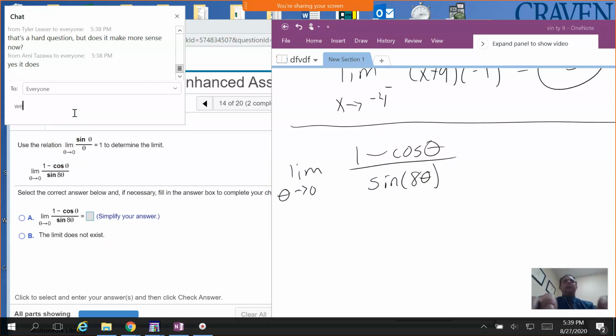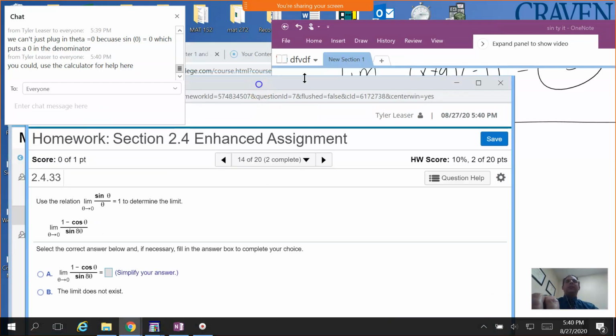We can't just plug in theta equals 0 because sine of 0 is 0, which puts a 0 in the denominator. You could use the calculator for help here, so let me see if I can pull up my calculator.